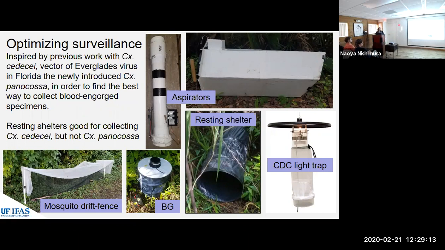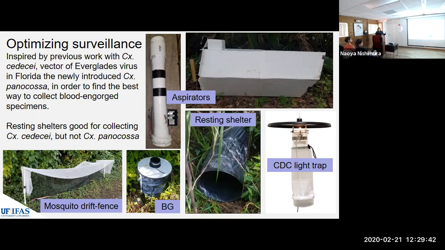The reason for doing this comparison was that while we primarily use the resting shelters to collect blood engorged Culex cedecei, it was really interesting to find that Culex panocossa really doesn't go to the resting shelters at all. Even males, I've only found about two males throughout my studies in these resting shelters. And so in order to study the host associations, you need to figure out what kind of trap to use.